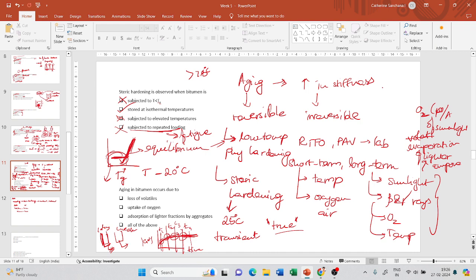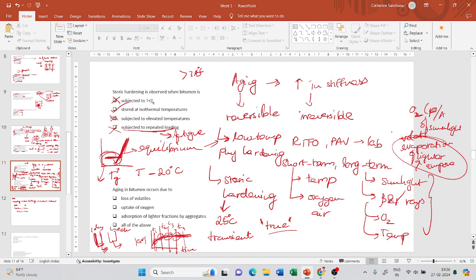So here, I would have mentioned aging in bitumen occurs due to evaporation of lighter compounds, which we call volatilization or loss of volatiles. Is it uptake of oxygen? Yes, because when the bitumen undergoes aging, it undergoes oxidation. So it occurs due to uptake of oxygen.